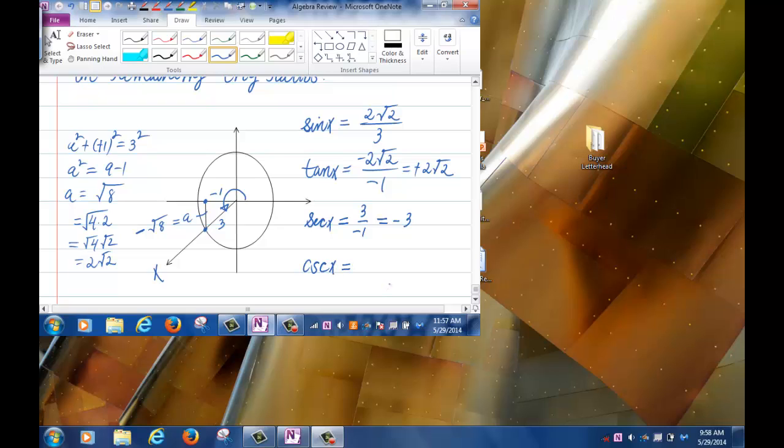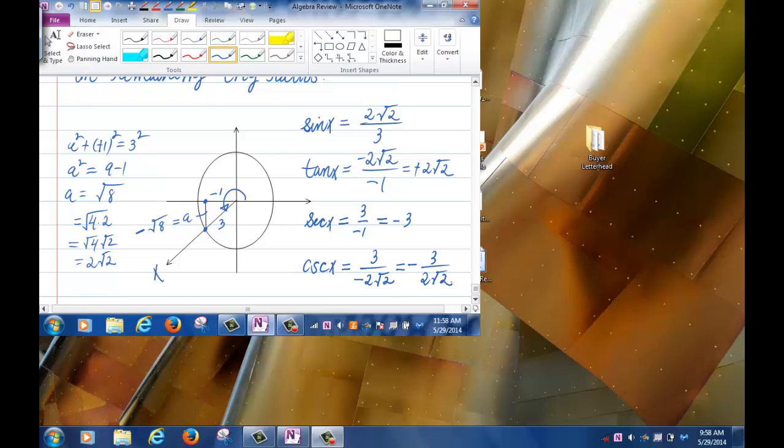Cosecant of x would be the hypotenuse 3 divided by the opposite, which is negative 2 root 2, which is the same as negative 3 over 2 root 2.